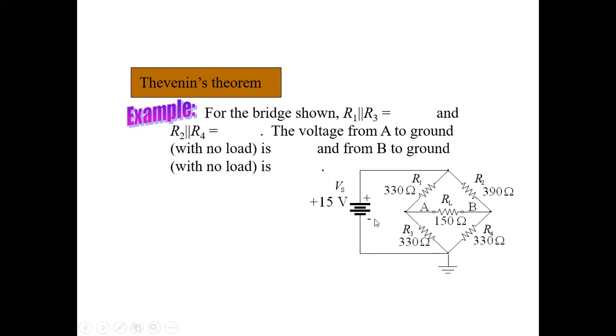So the four resistances are given in our Wheatstone bridge circuit, and the points are A and B.